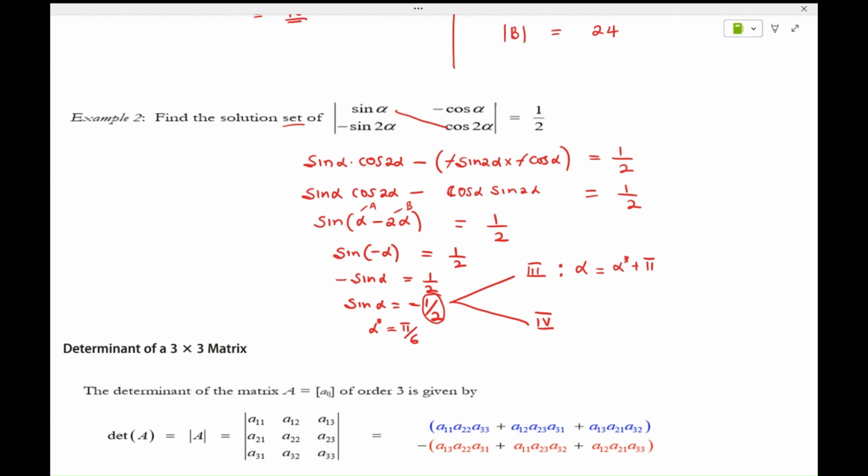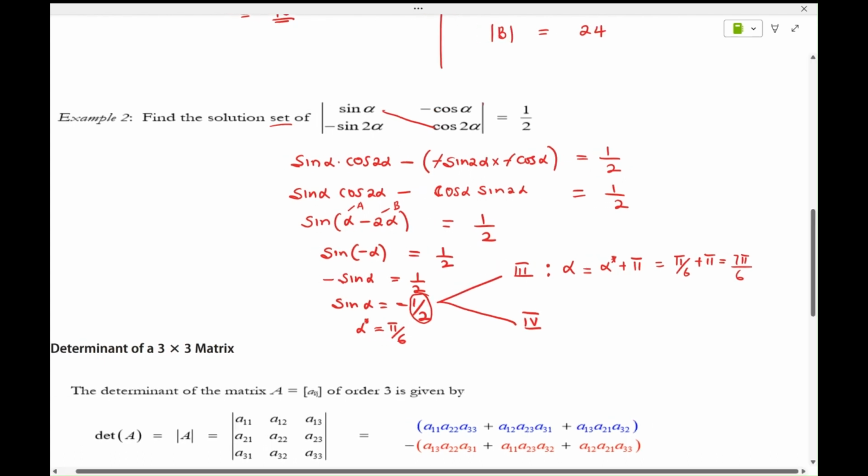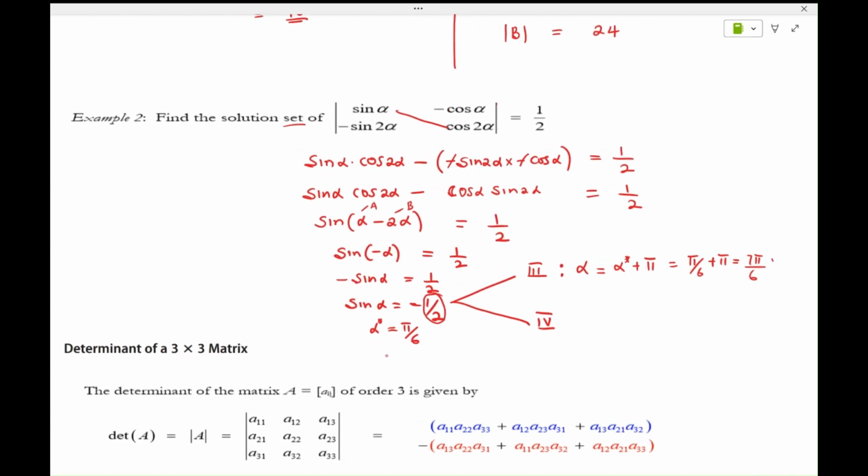Because we're in the third quadrant. This means it's pi over 6 plus pi, which is 7 pi over 6. Is that okay? Not just that, we can add any 2k pi, any coterminal angle, and it will be fine.